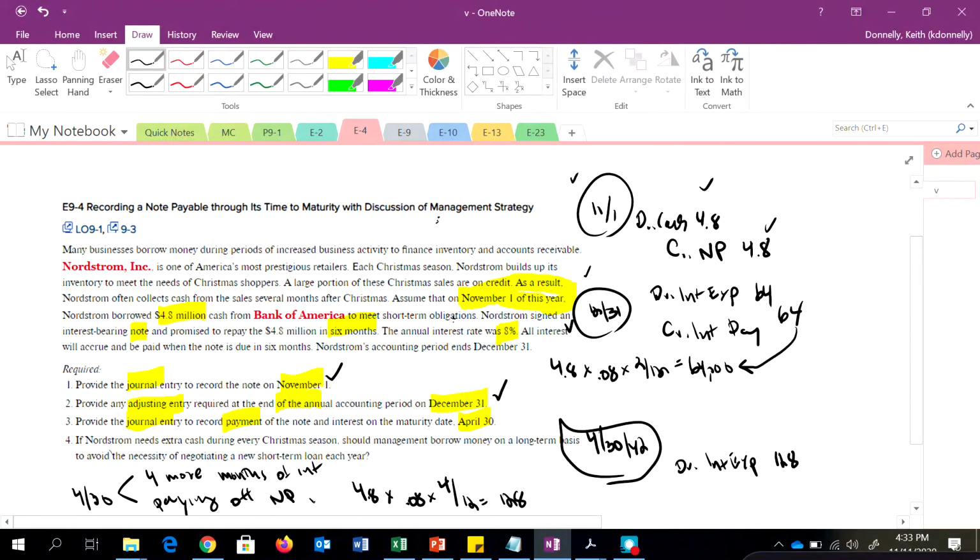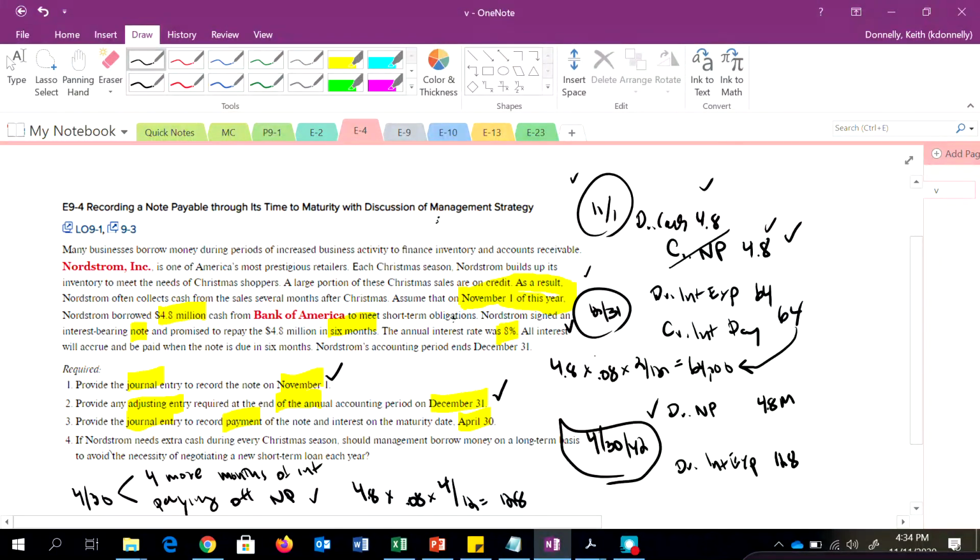We have to pay off the note payable. Well, we teed it up with a credit for 4.8. So what that means is we need to get rid of it through a debit, reverse it out. So 4.8 million. There we go. It was on there as a credit. Now we got it off by debiting it.